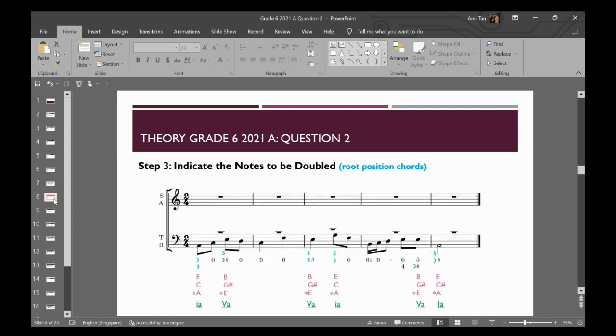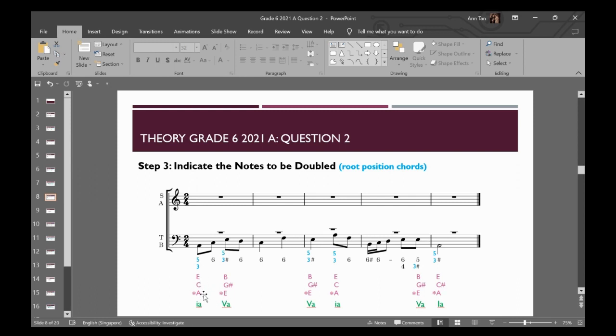So let's take a look at the notes that we need to double for these primary chords that we see over here. I have indicated with a star next to the notes that we need to double for easy reference.